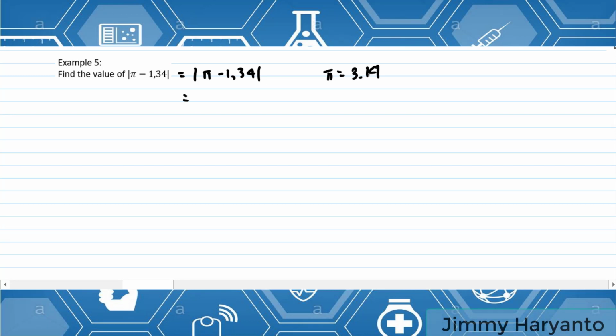But in some questions the question wants us to use pi instead of 3.14. So we can only predict it, or you can use my trick. Pi and 1.34, which one is larger? Since pi is 3.14, pi is larger than 1.34. So the result will be the larger number minus the smaller number. That's it. That is for calculating absolute value.